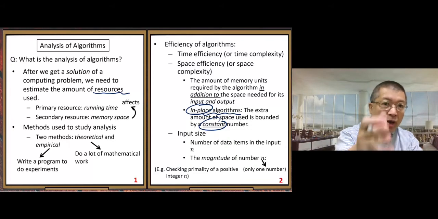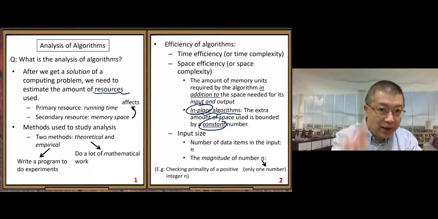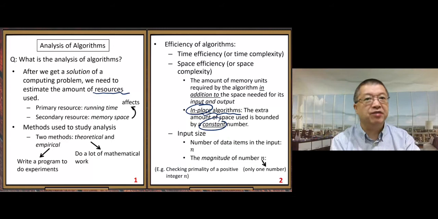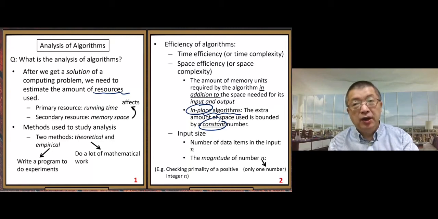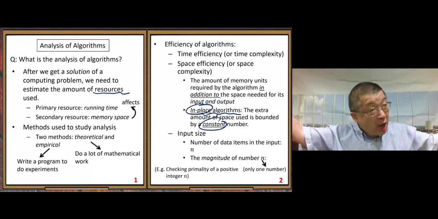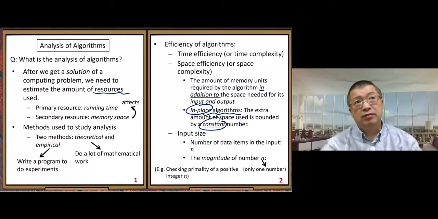So checking primality of a positive integer n. Given a big positive integer, can you determine if that one is a prime or not? The larger the number, the harder, right?